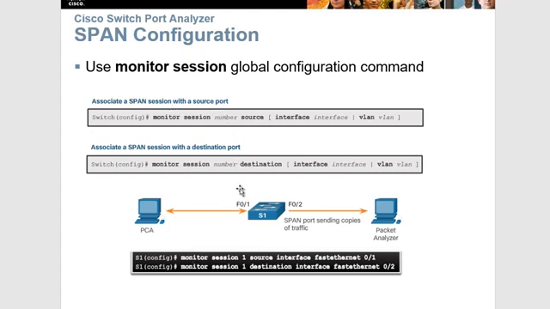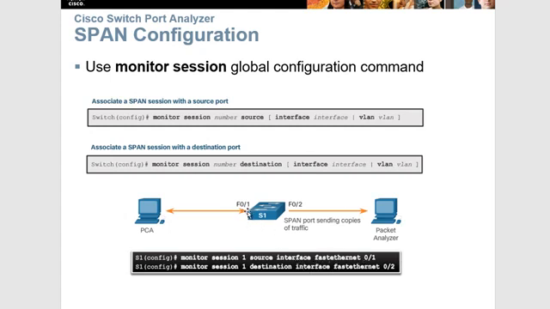So they use number 1. Source, you could use the interface or the VLAN, depending on what you are looking for there. So we've got interface, that could be VLAN, some VLAN number as well. So we've got interface FastEthernet 0/1, because that's what we want to monitor.